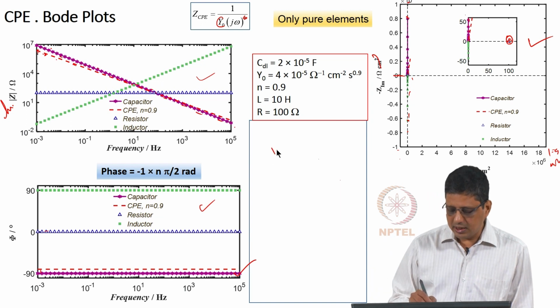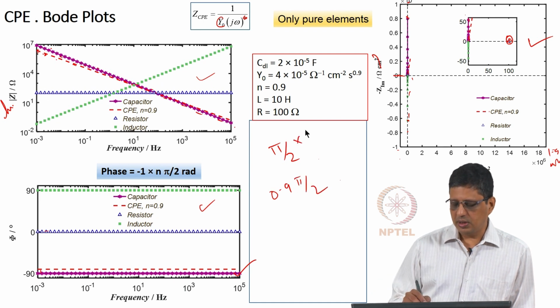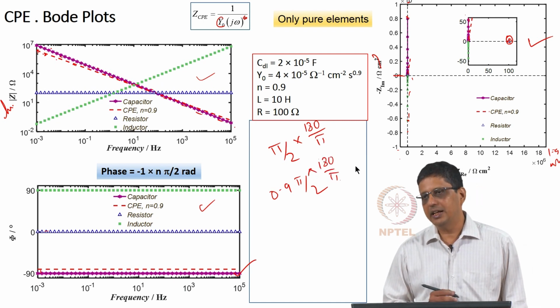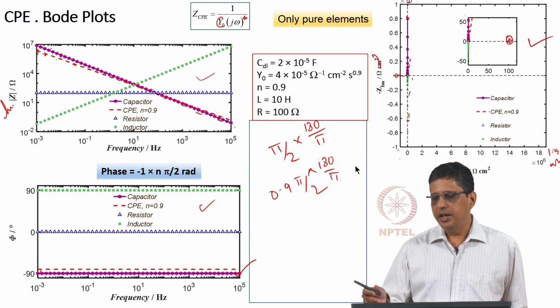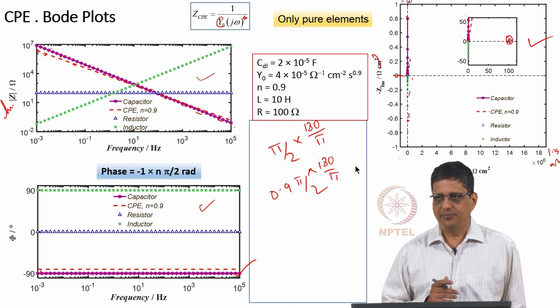The vertical line is at pi by 2, this is 0.9 pi by 2. Of course, you can get into degree, pi by 2 is in radians, this is at a slightly lower angle. If you put it in equi-scale, this may not appear that well. If you zoom in and put different scale, you might see the difference better.